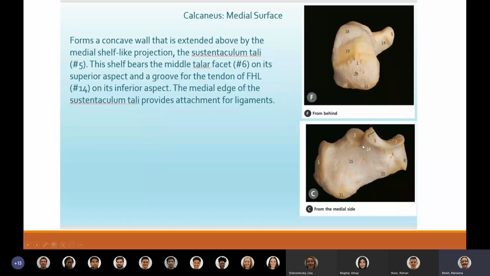Sometimes when we do surgery, this is the medial side of the calcaneus, and this is the lateral side. We approach the calcaneus from the lateral side because our neurovascular bundle runs medially, correct? Sometimes we perform something called a calcaneal osteotomy, where we cut the calcaneus to shift it into the desired position, usually in flat foot reconstruction surgery.